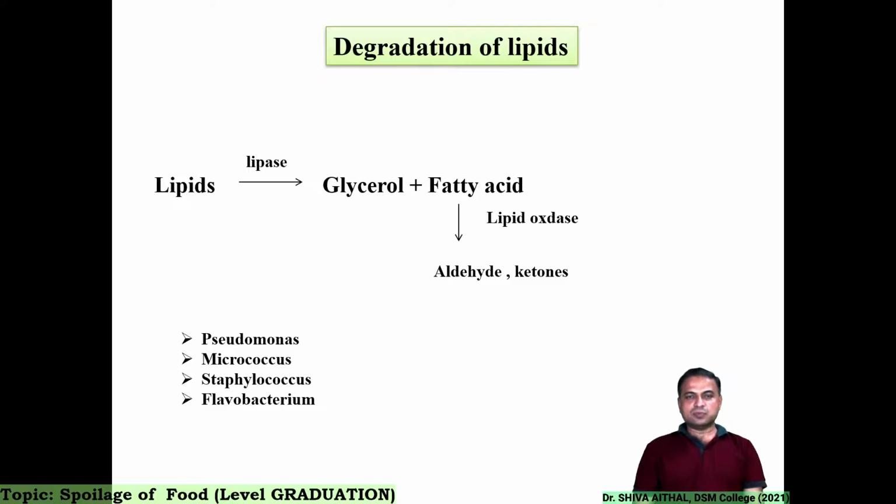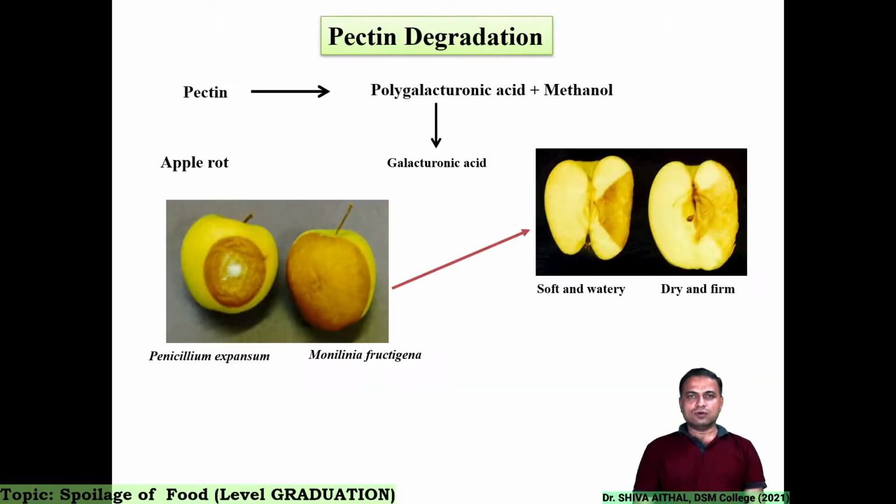This lipase is present in Pseudomonas, Micrococcus, Staphylococcus, Flavobacterium. Even in Bacillus it is present, which is present in soil. These are the normal flora, not pathogenic organisms. They harbor these enzymes, and these enzymes are responsible for degradation of the food.